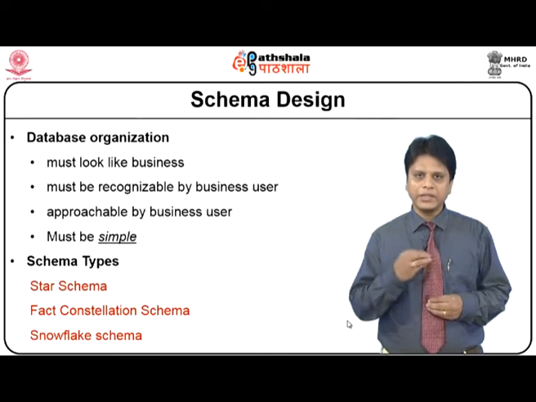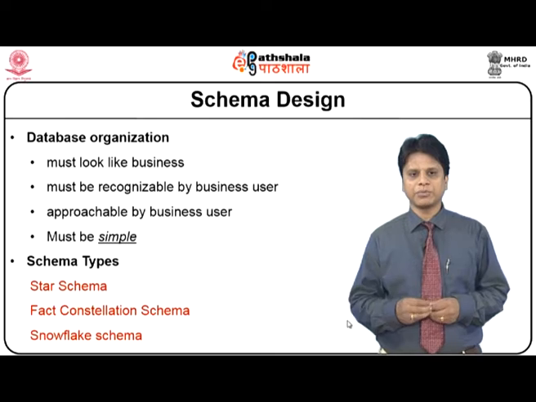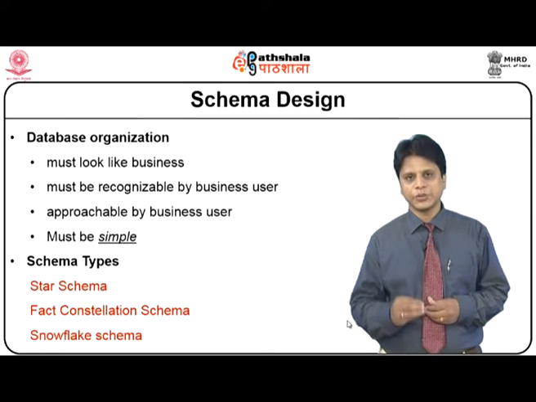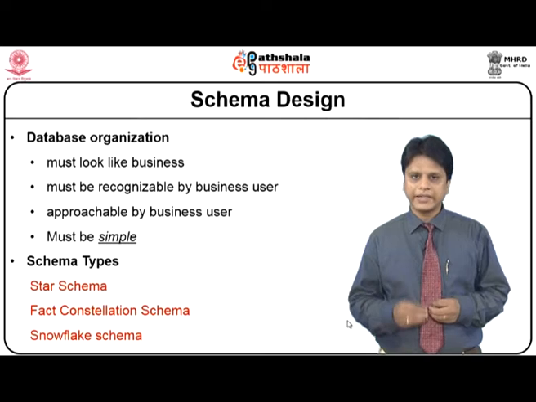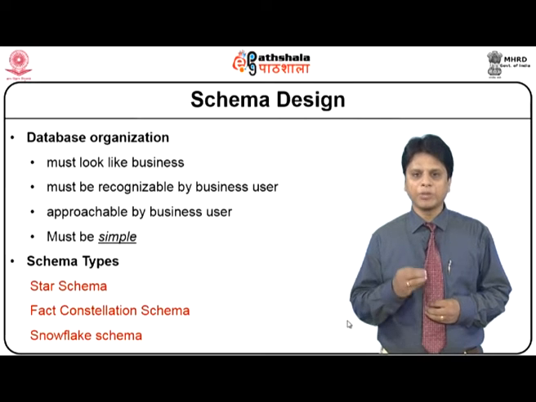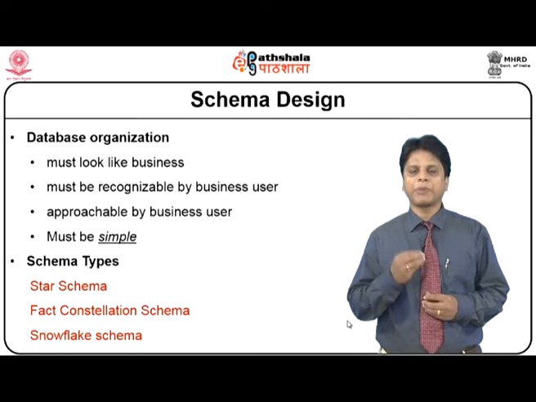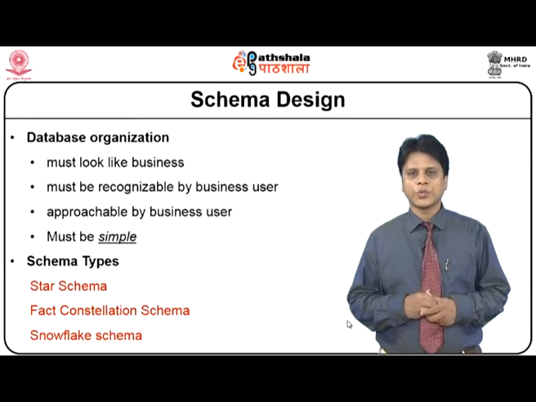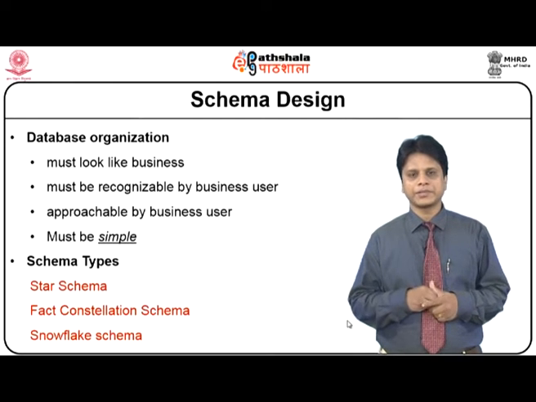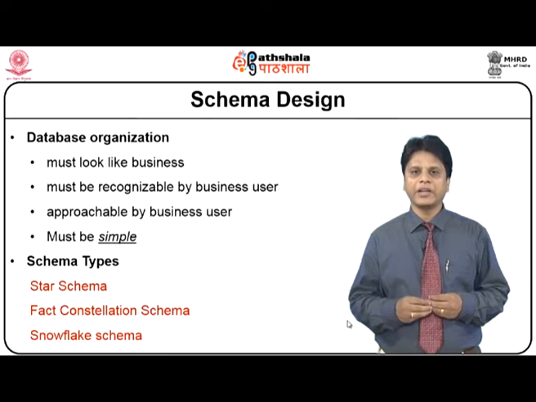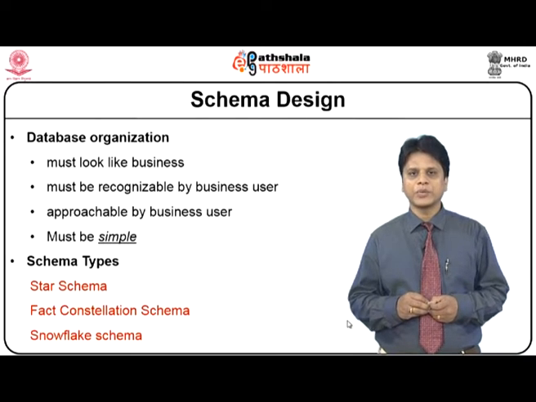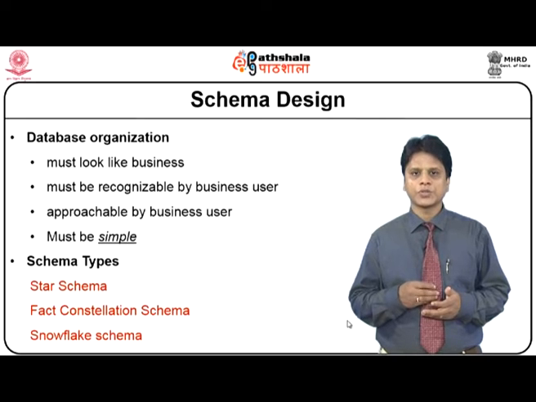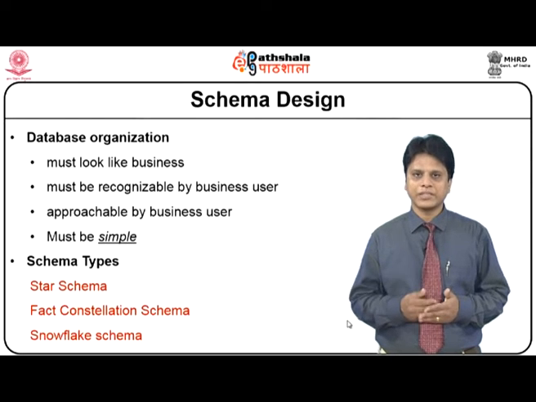All the data available with this organization must be recognizable by a business user. These data need to be approachable by the business user, and look as simple as possible. With these as basic intentions, people have started defining different types of schema, starting with star, snowflake, and fact constellation types.